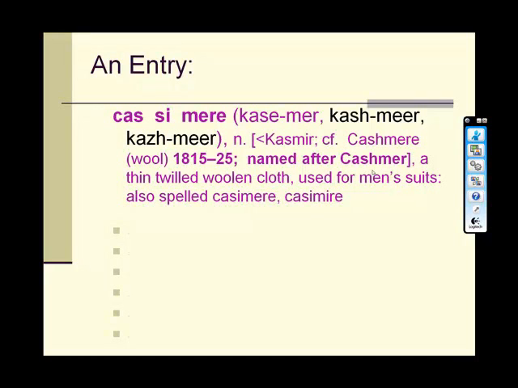It was named after Kashmir. And the definition: a thin twilled woolen cloth used for men's suits, also spelled cashmere.